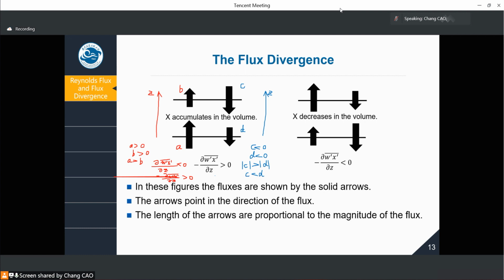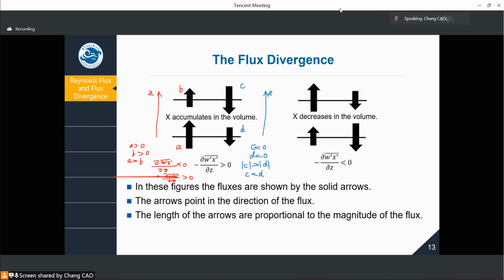I found that there's a question from Sarah, and I think it is very good. Can you explain again why we put a minus mark before the equation?